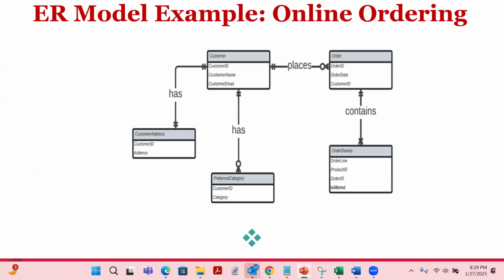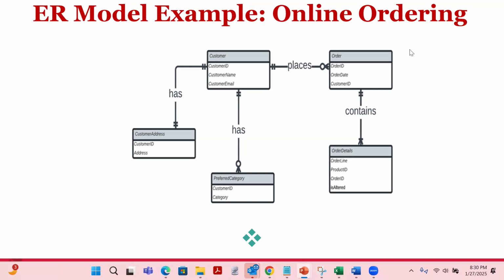So let's look at our first example of an entity relationship model, and let's try to read it. We have four different entities here: customer, orders, order details, category, preferred category, and customer address.